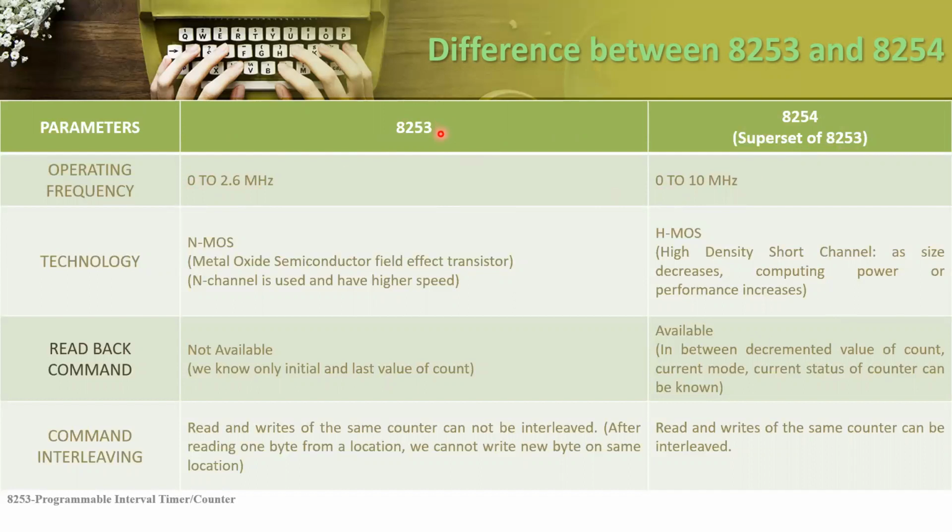In 8253, we use NMOS technology. The N channels are used so that we can have higher speed, whereas 8254 supports HMOS technology, high density short channel, in which the size of the device decreases, but the computing power increases.